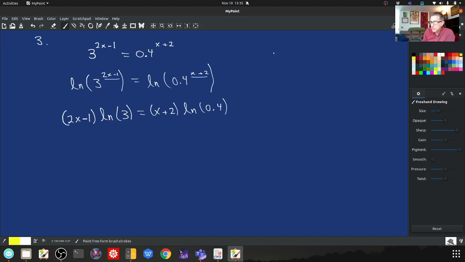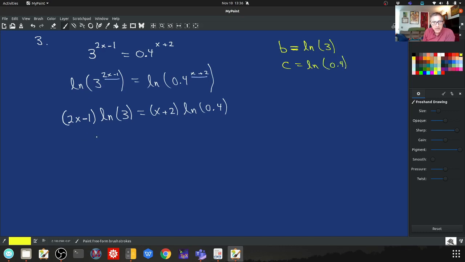So I'm just going to say, let B stand for the constant, which is the natural log of 3, and let C stand for the natural log of 0.4.